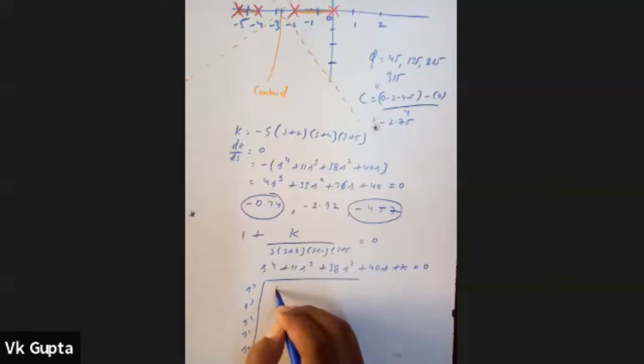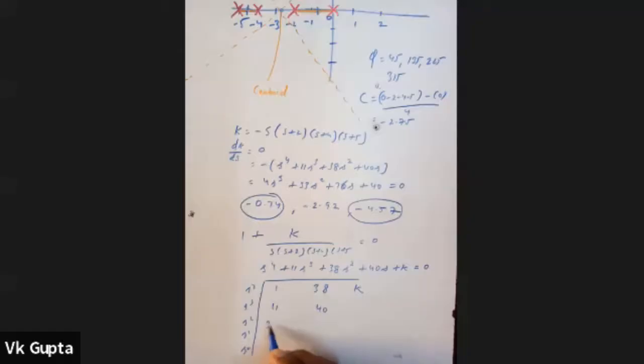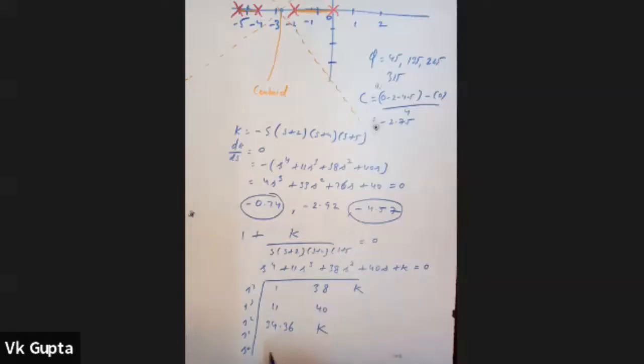The first row is 1, 38, K. The second row is 11, 40. The first value in s square is 34.36, correct. Then the next is K. Yes. Now this is this into this minus 11K by this.